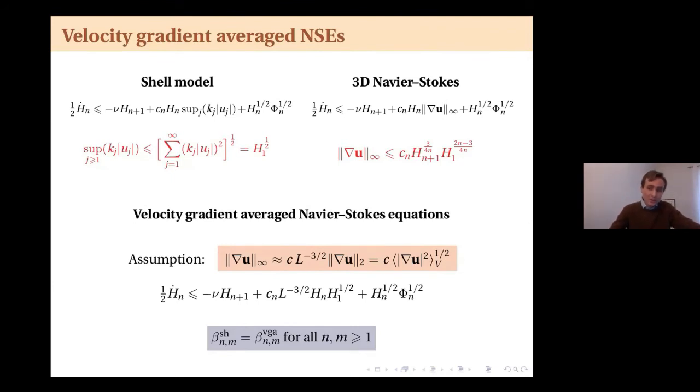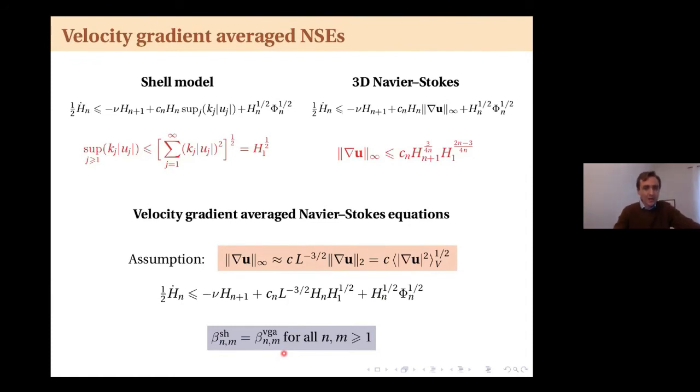Or in other words, I'm suppressing large fluctuations of the velocity gradient. So if I do this, instead of having the gradient in infinity norm here, I replace it with the gradient in L2 here, then I get exactly the same inequalities I have for the shell model. So I can manipulate them in a similar way and apply consistently this assumption, and I get that the exponents in the estimates are exactly the same.